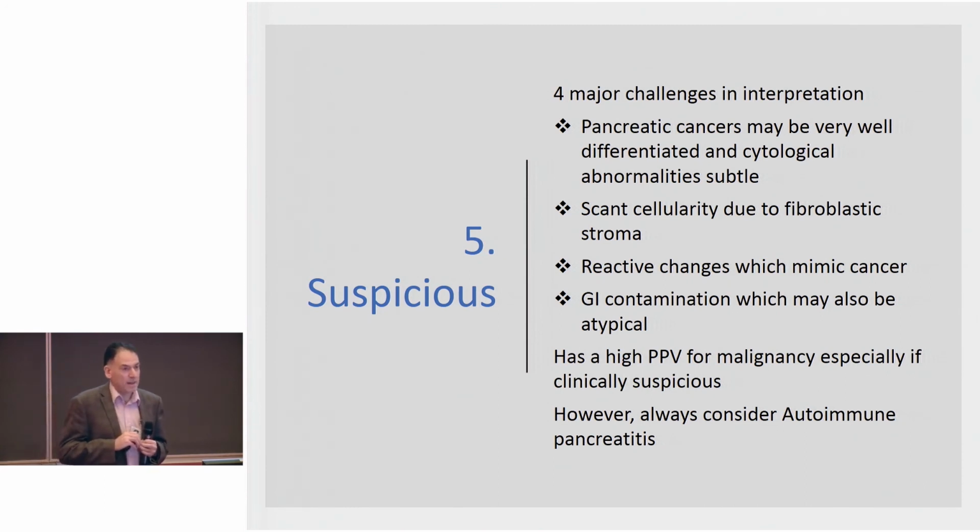And then occasionally you can get GI contamination from the lumen, which can also be atypical. So the majority of our suspicious diagnoses will turn out to be malignant. So there's a high positive predictive value, but there is always a possibility that one of these other things has crept in.